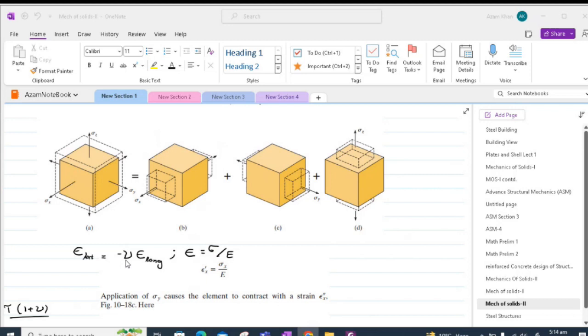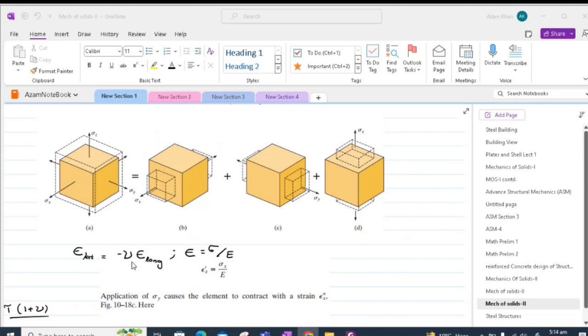If a material is stretched or compressed in one direction, then the Poisson ratio will indicate how much it will contract or expand in perpendicular directions. Thus, the Poisson ratio is actually the ratio between the lateral strain and the longitudinal strain. In other words, it is a ratio between transverse strain and axial strain.